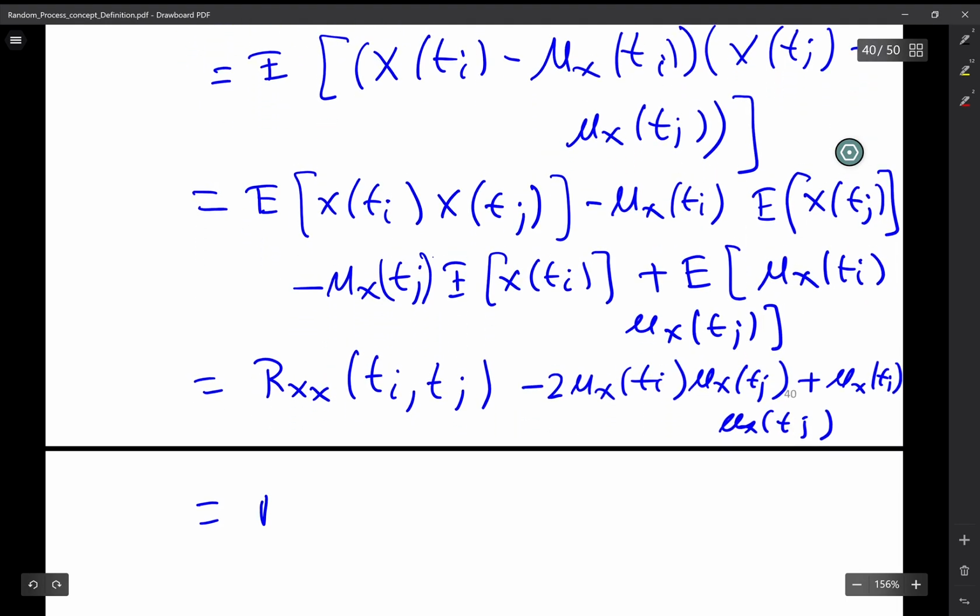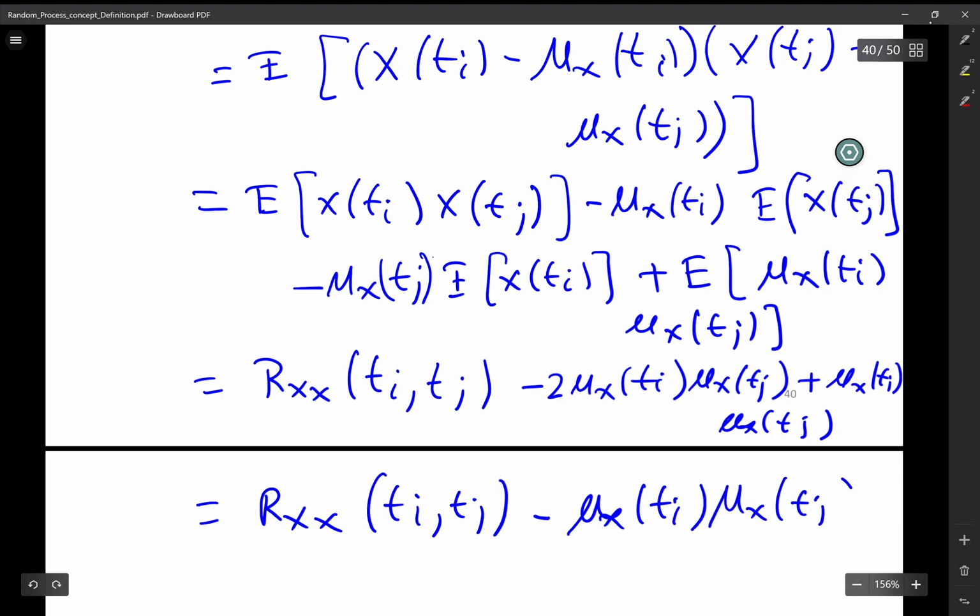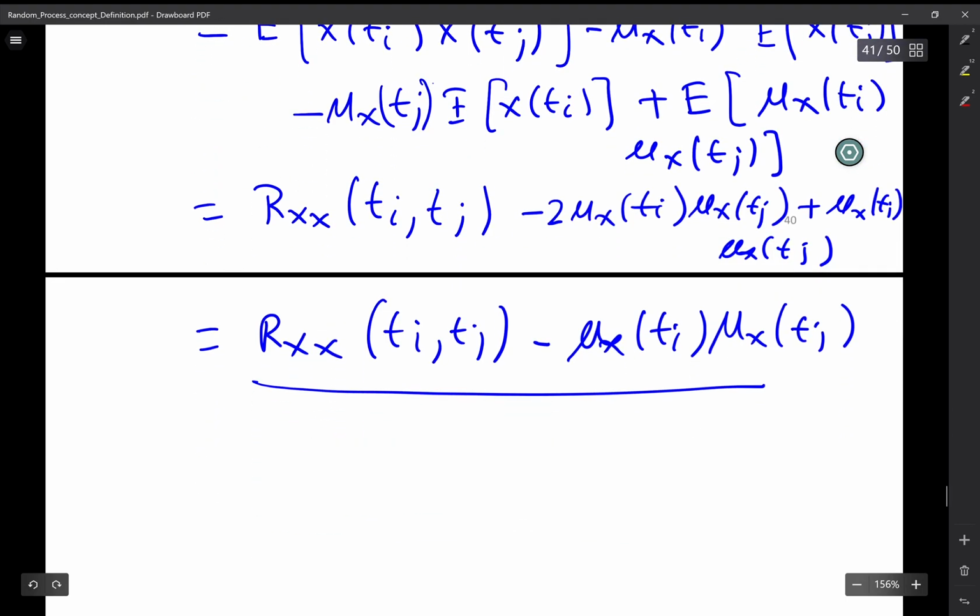So this will be equal to Rxx(ti, tj) minus mu x(ti) mu x(tj). Okay.